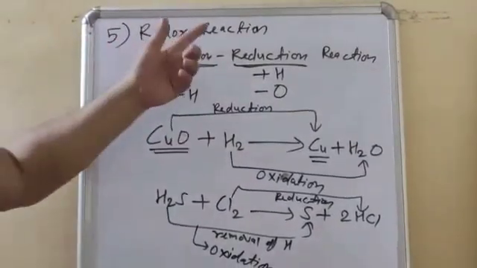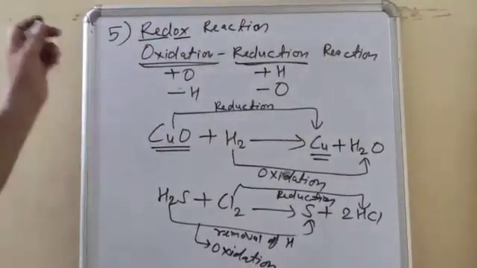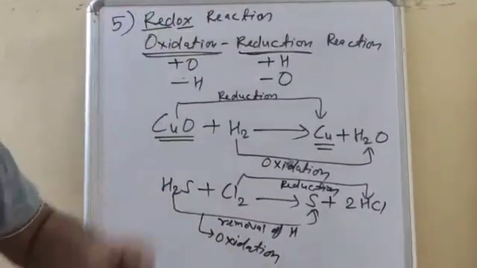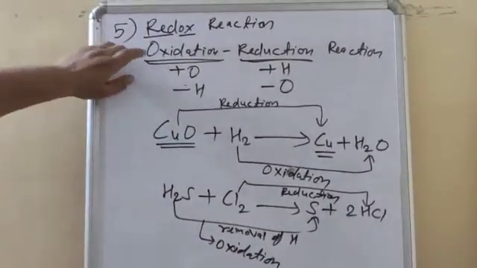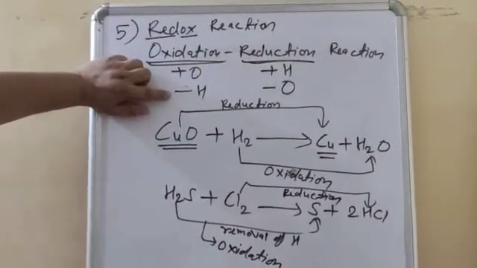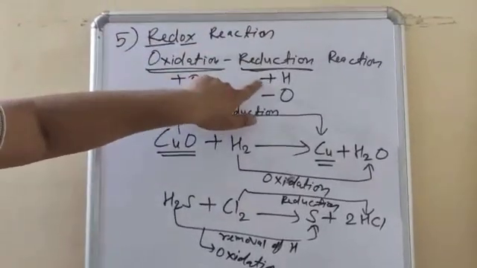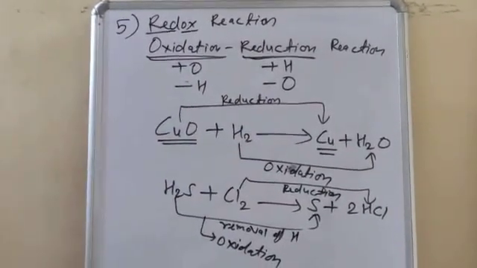Separately, RED for reduction and OX for oxidation. So combinedly it is known as redox reaction or oxidation reduction reaction. For oxidation, addition of oxygen or removal of hydrogen takes place. For reduction, addition of hydrogen or removal of oxygen takes place.